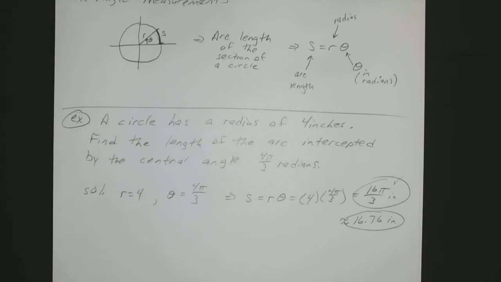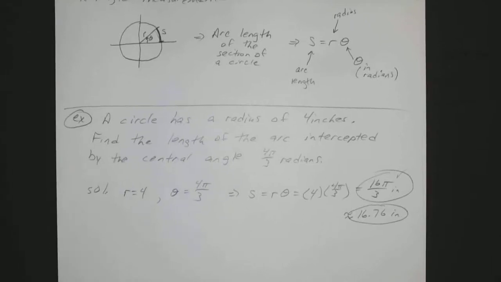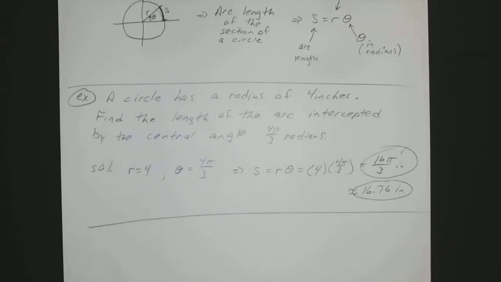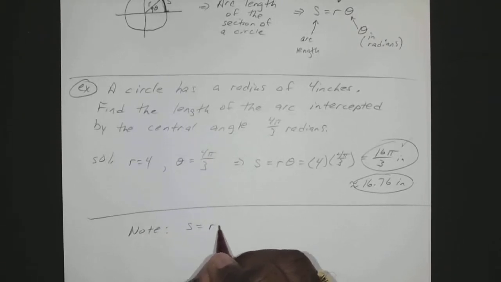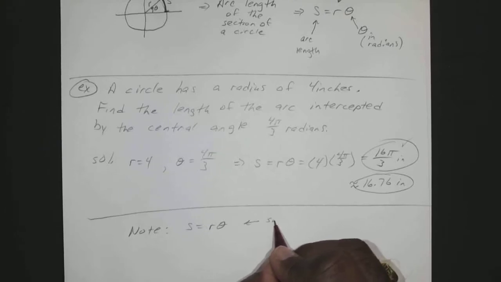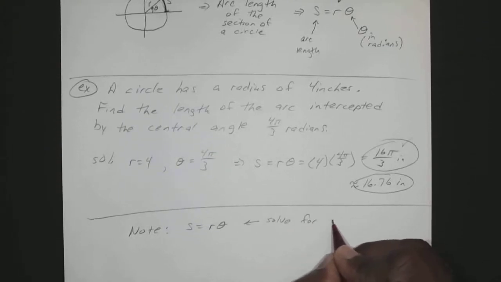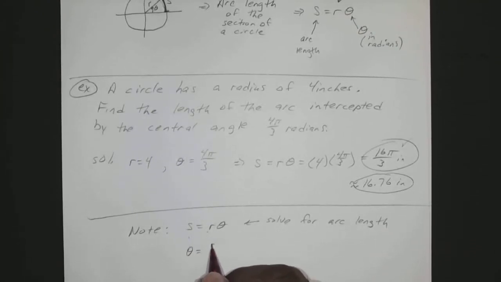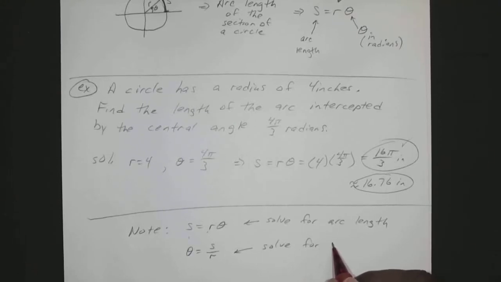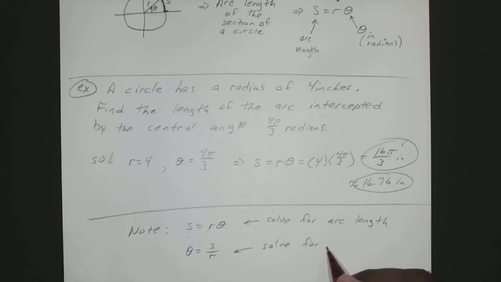Okay. Now with this one, sometimes they'll give you the arc length and the radius, and you have to solve for theta. So you can do that also. Just a quick note: s equals r theta, where you solve for the arc length. If you divide both sides by r, theta equals s over r. This is where you can solve for theta, the angle.